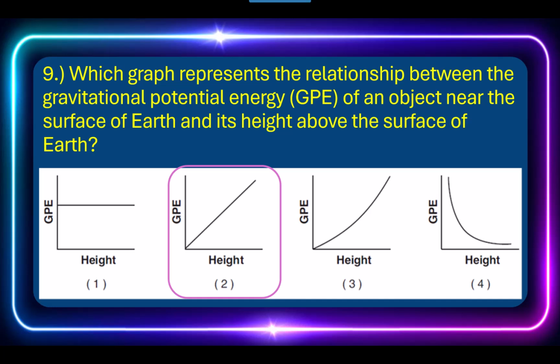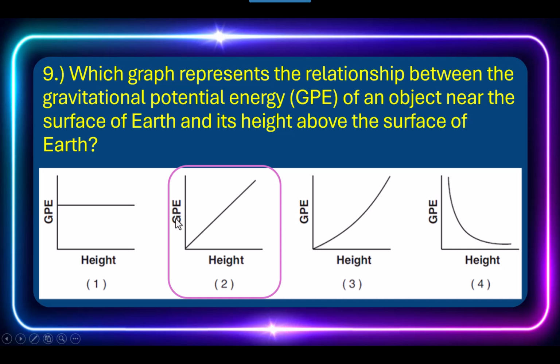Graph 1 says that the gravitational potential energy stays the same as you increase the height, which doesn't happen. Graph number 2 says that the gravitational potential energy rises exponentially as you increase the height. And graph number 3 says that the gravitational potential energy decreases exponentially as you increase the height.